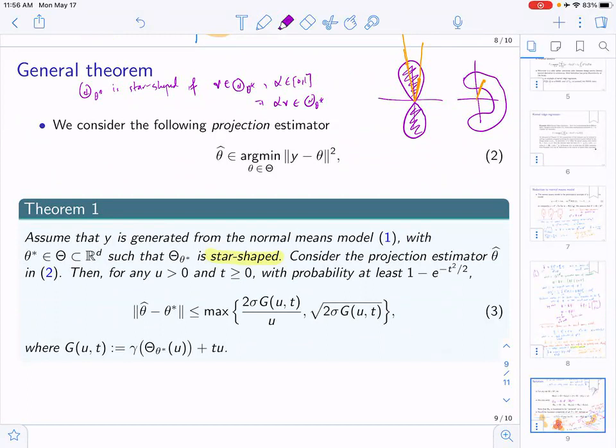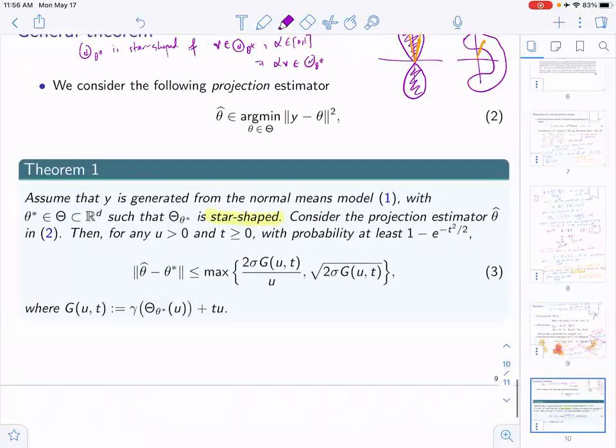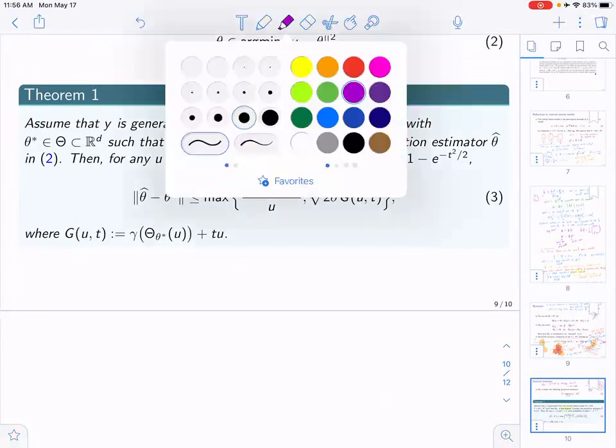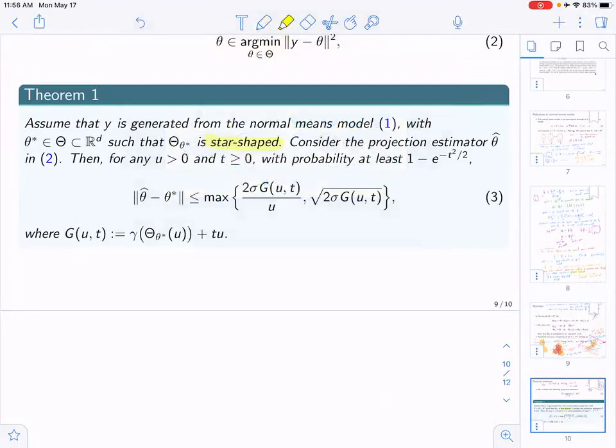So how do we use this result? This holds for any u, and we have an upper bound. So the natural thing to do is, when you have a bound with a parameter u, you want to make it as small as possible.